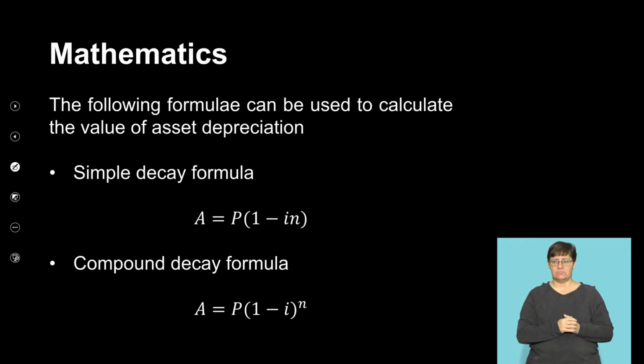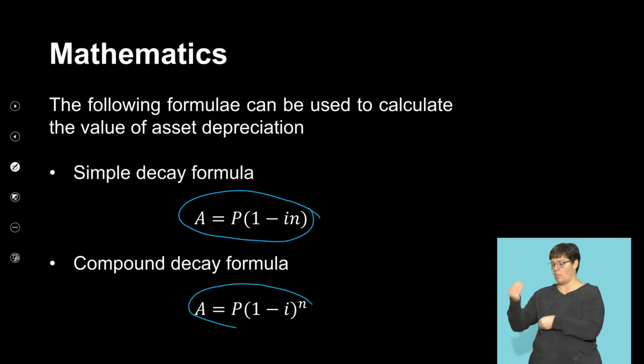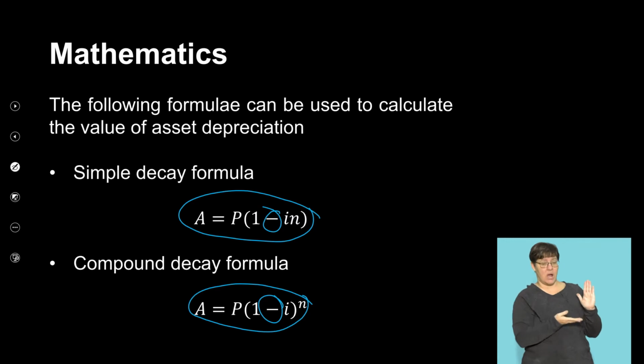And then we have formulas for this. How you can remember them: it will be simple interest and compound interest, but with a minus. It's just simple interest, but now with a minus, and compound interest with a minus. That's how you look at this. But remember, we do give you these formulas in the information sheet.